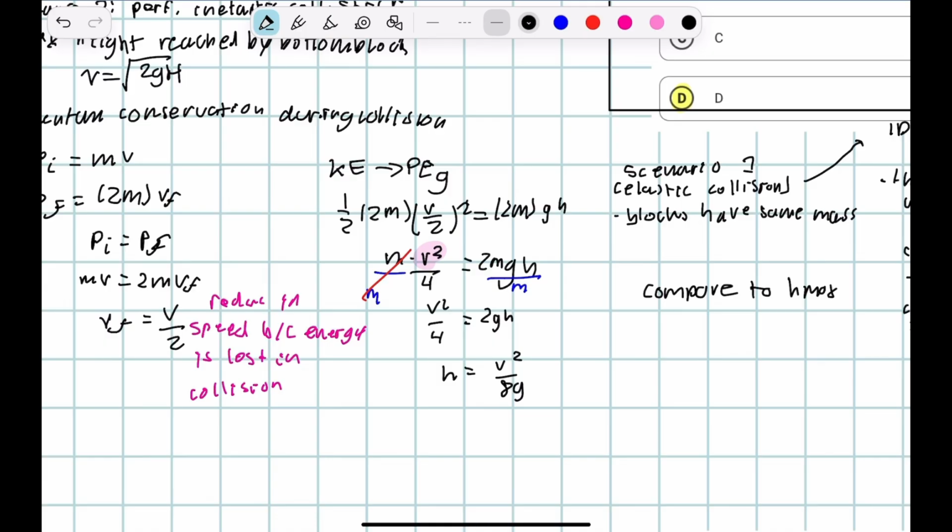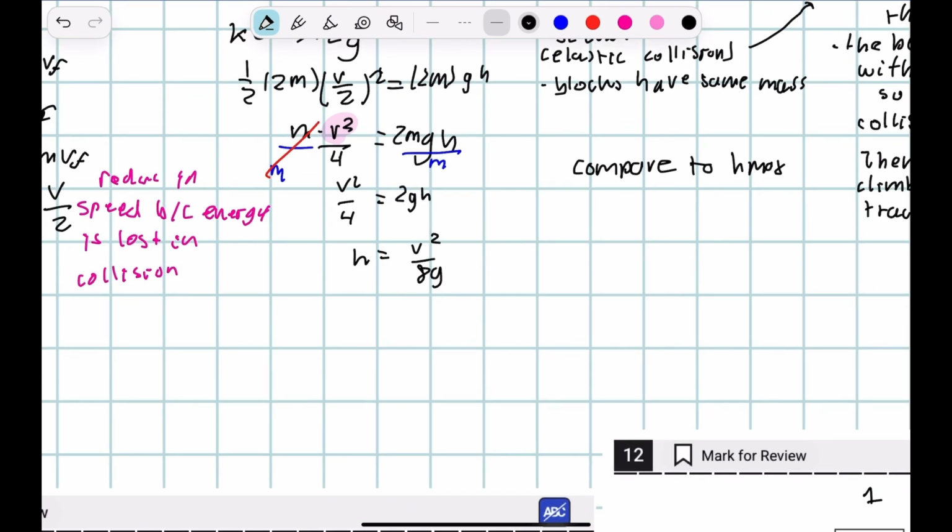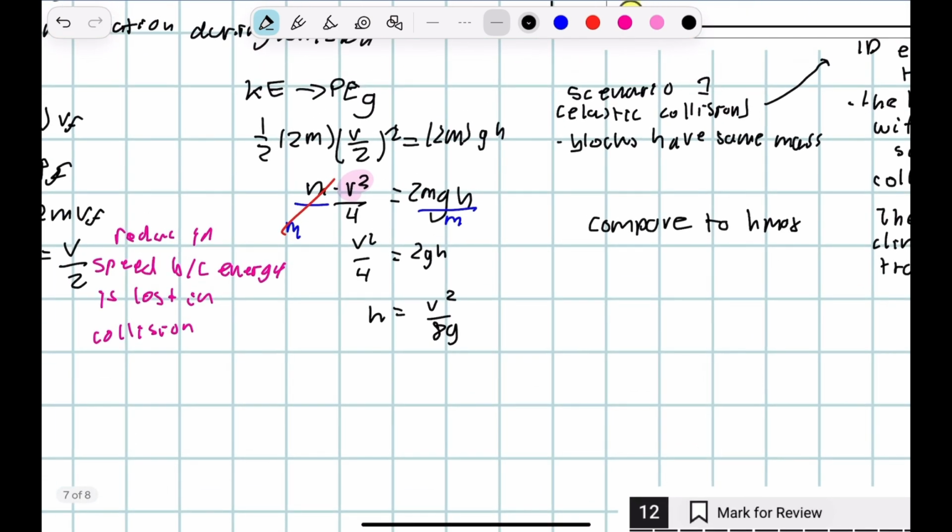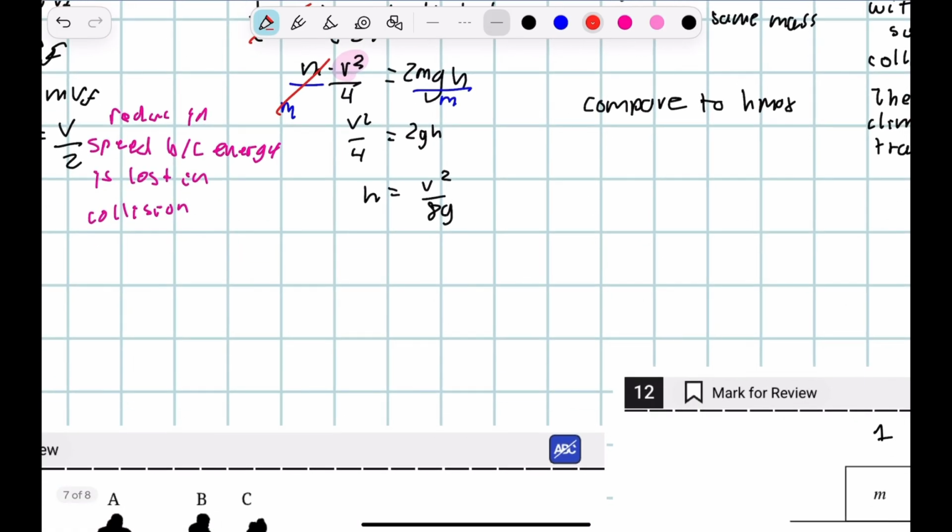That's just kinetic energy and potential energy. 2 squared is 4, and the 1/2 and 2 cancel out. You divide both sides by m, and then you get v squared over 4 is equal to 2gh. Solving for h, you divide both sides by 2g, and then h is equal to v squared over 8g.